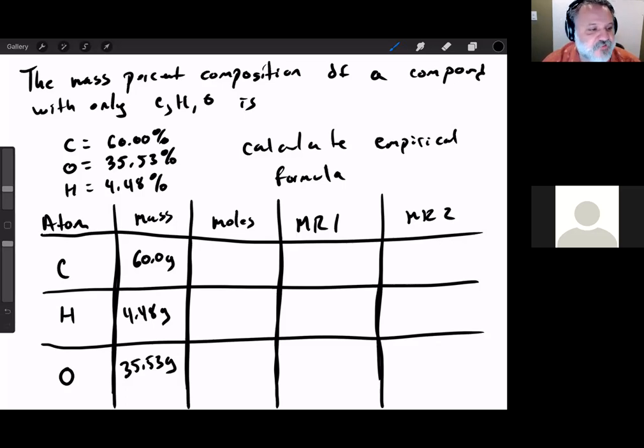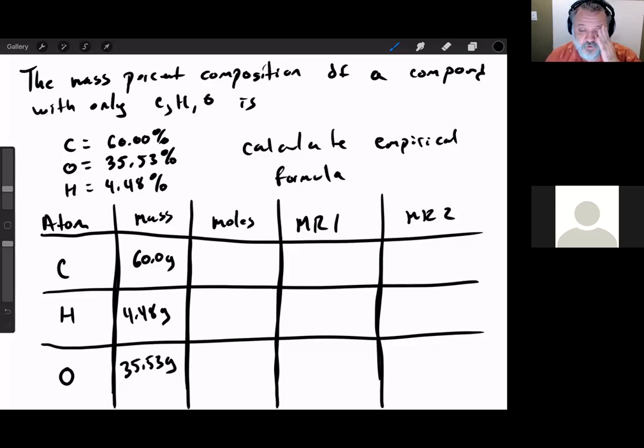I would just have to figure out what 60% of 4,325.5 is. When you assume 100, you don't really have to do any math, because what's 60% of 100? 60. What's 35.53% of 100? 35.53. What's 4.48% of 100? 4.48. Right. We just use 100 because that makes the math easy, something we can do in our head.